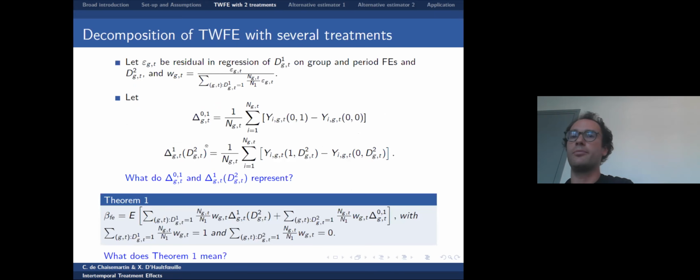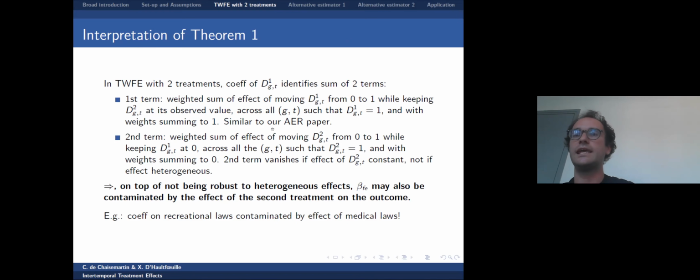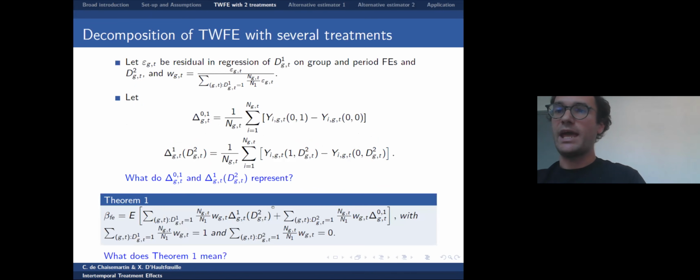So that first term is very similar to what we had in our AER paper. The new term is the second term, which actually comes from the effects of moving the second treatment from 0 to 1. The weights entering that summation sum to 0.